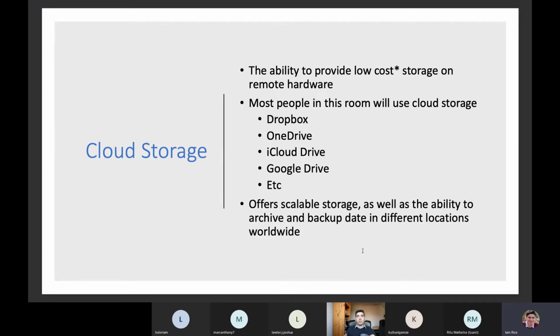The ability to provide low-cost storage on remote hardware. Most people in the room will use cloud storage, so you've got Dropbox, you might have come across Google Drive, iCloud, OneDrive. There's a whole host of these things. I take it, is everyone using some sort of online backup system or drive system? It's generally given to you if you've got an Android phone or an iPhone as well.